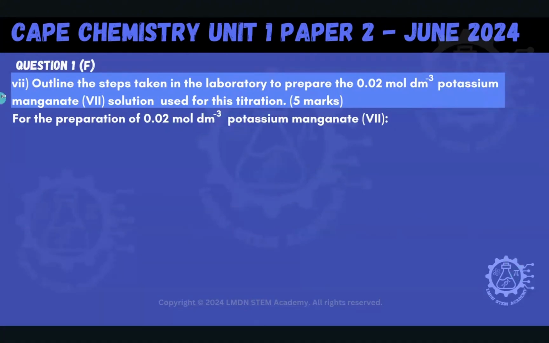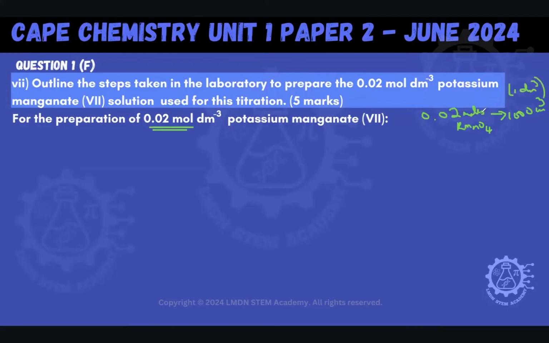What this tells us is the concentration of potassium manganate that we need to make. And so essentially what that is saying is that we need 0.02 moles of KMnO4, that potassium manganate. We need that many moles of it to be in 1,000 cm³ or 1 dm³. Right? That's the same as 1 dm³. So that's what it's saying.